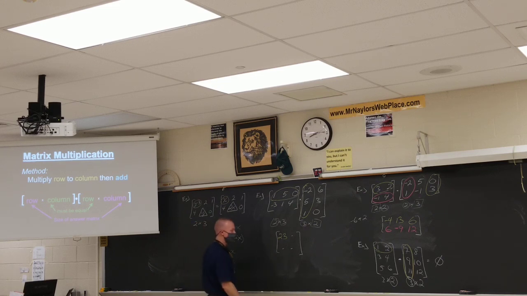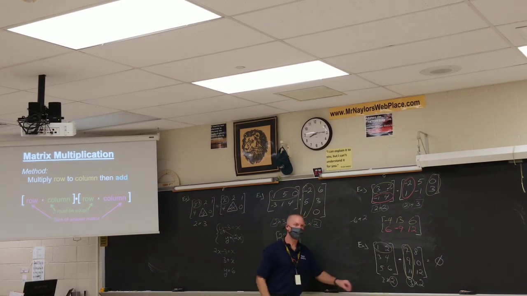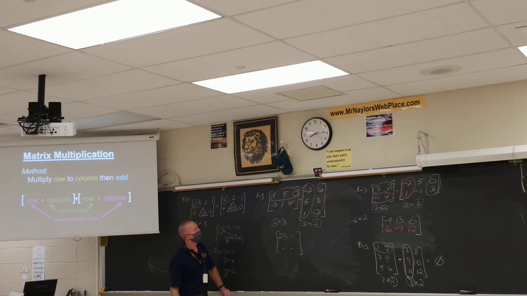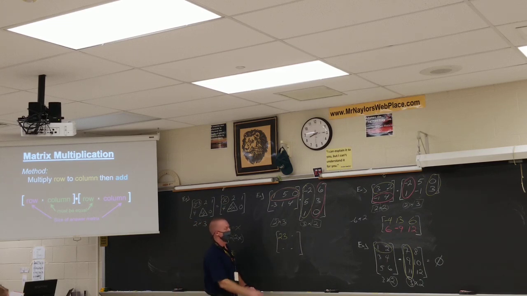Okay, so it should be negative 2, 25, and 0. This problem is supposed to kind of help you see that zeros can be your friend. If you have some zeros in a multiplication problem, okay, they kind of don't, if you will, affect that answer. All right, so matrix multiplication.